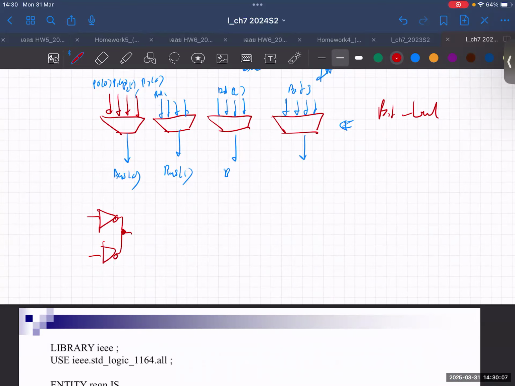For example, if this one is 0 and this one is 1, the output of this one will be 1, right? And the output here will be 0. But then what is F? Do you remember? Of course, 1 is 5 volts and 0 is 0 volts. What happened? One gate's going to give up for sure, right? So never do this.